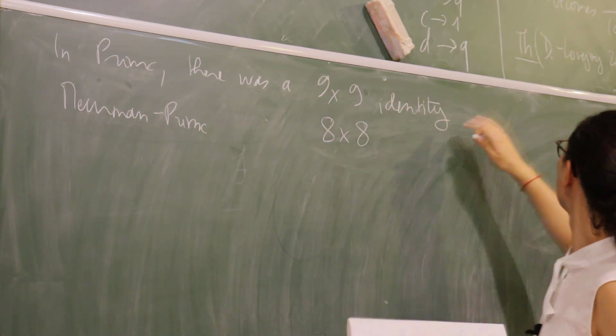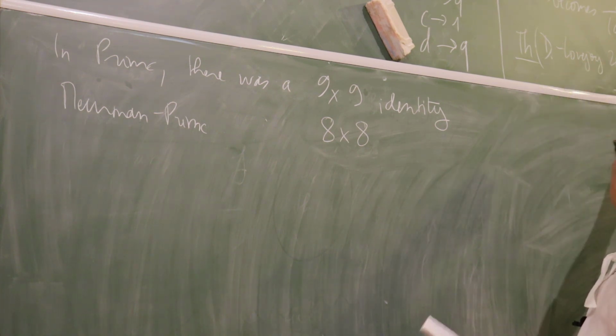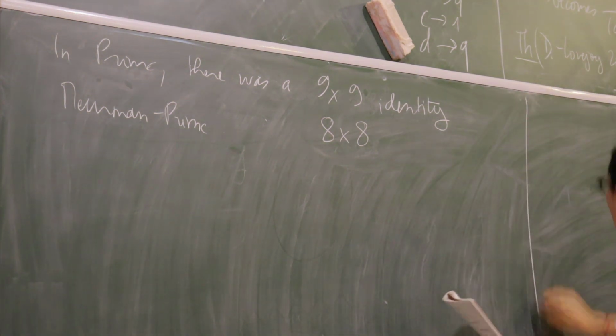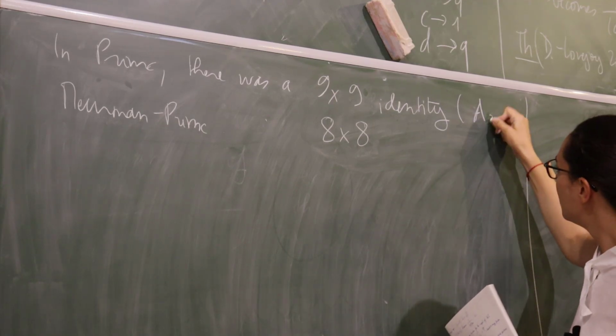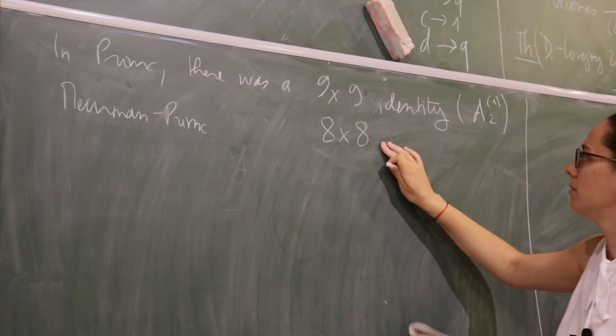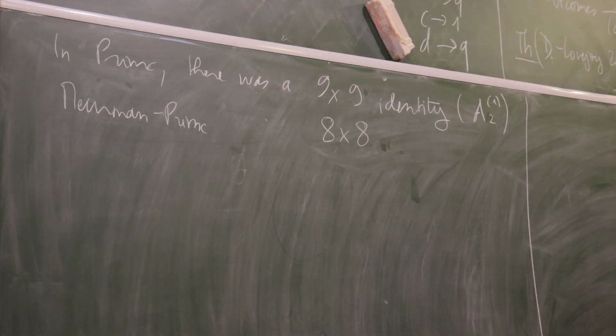So the 9 by 9 was coming from the crystals, not of A11, but of A21, and this one I don't remember where it came from, but some other representation.